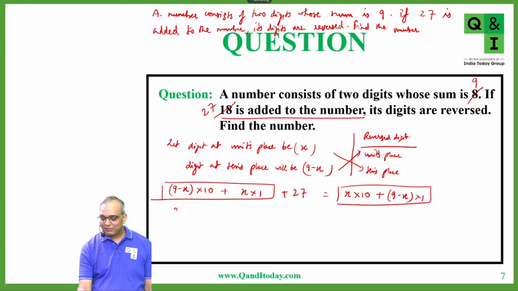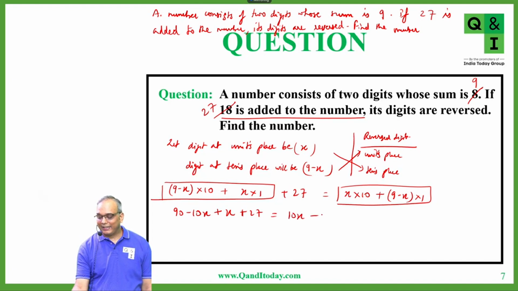Let's solve this. We have 90 minus 10x plus x plus 27 is equal to 10x plus 9 minus x. So we will have 90 plus 27 is 117 minus 9x is equal to 9x plus 9.